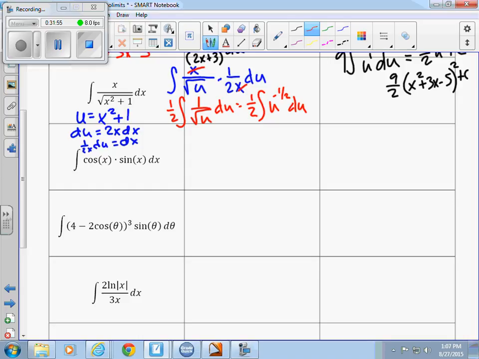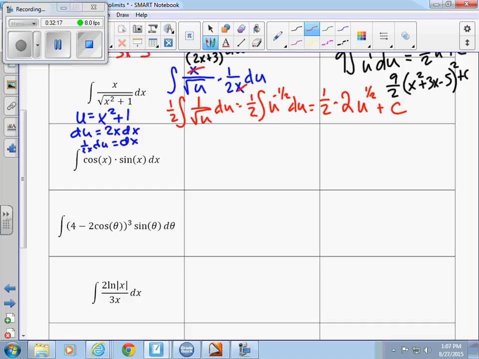So negative 1/2 plus 1 is 1/2. So I get 1/2 times u to the 1/2, and I'm going to divide by the new power, which is multiplied by the inverse. So multiplying by 2, plus c.